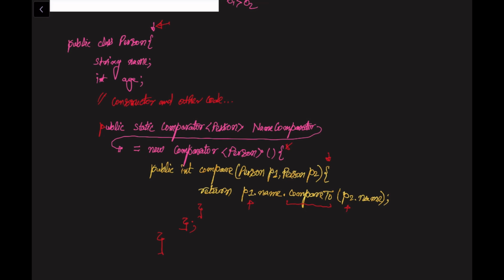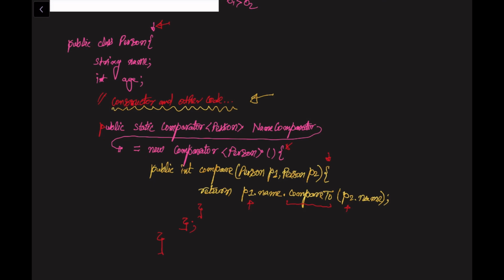Some of you might think, what is a constructor and other code, if you want to actually use this way of writing code. So what you can write here, other code, like I said, constructor and other code. Some of you might be confused about it. So for those people, let me write one more complete code which you can use in your programming journey, wherever you need.